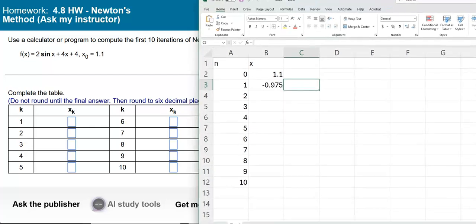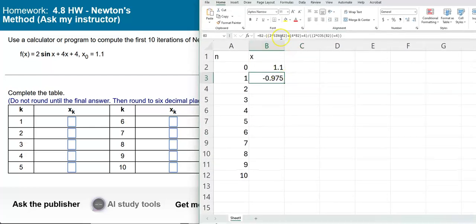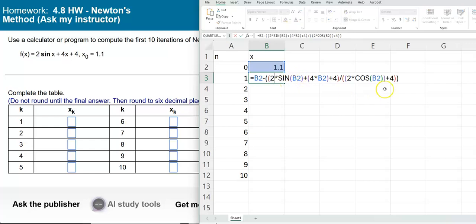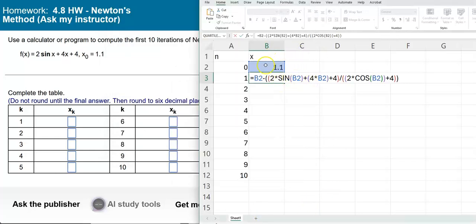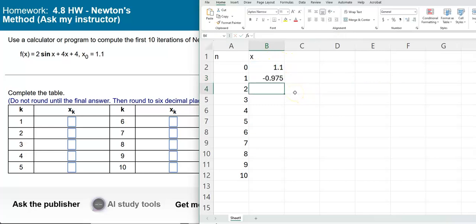I don't have to repeat that because I use the placeholder for this formula. Basically, if you drag down this formula, it will update the argument. Anywhere you have the previous value of x, it will automatically take the value of the previous row, and then you will get the current value.